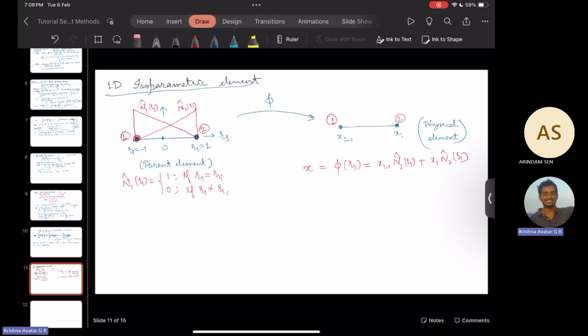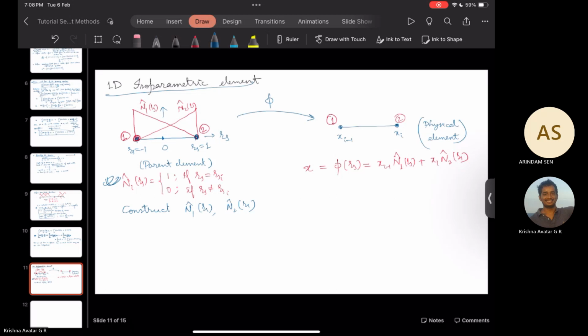now we need to construct n1 hat of z and n2 hat of z. Based on the requirements given here, we need to build functions.